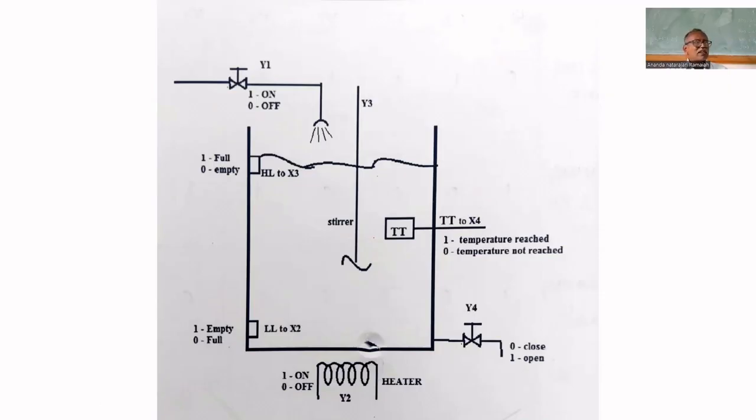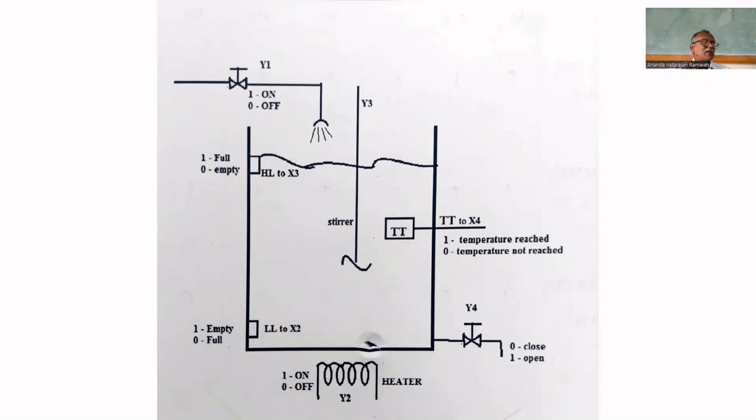Once that set point is reached, the sensor output will be 1. If the temperature is not yet reached, that set point, it will give 0. So once the temperature is reached, the temperature transmitter will give 1. That will be used to turn off the heater.